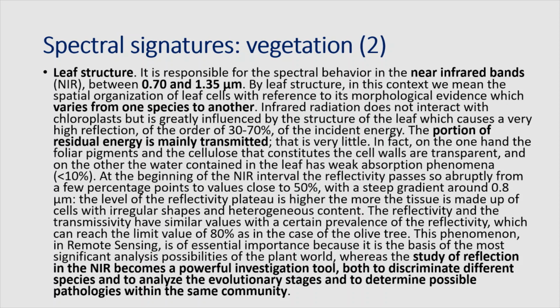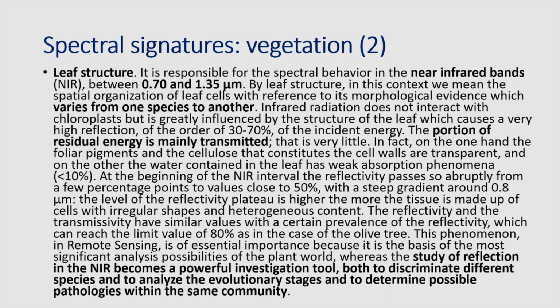In fact, on the one hand, the foliar pigments and the cellulose that constitutes the cell walls are transparent, and on the other, the water contained in the leaf has weak absorption phenomena that usually are less than 10%. At the beginning of the near-infrared interval, the reflectivity passes so abruptly from a few percentage points to values close to 50%, with a steep gradient around 0.8 microns.